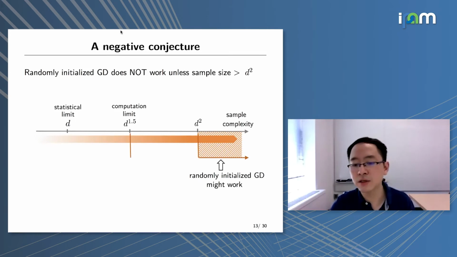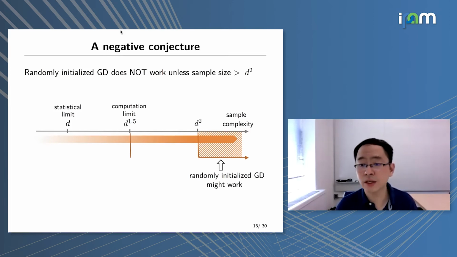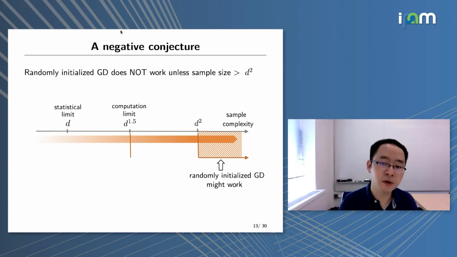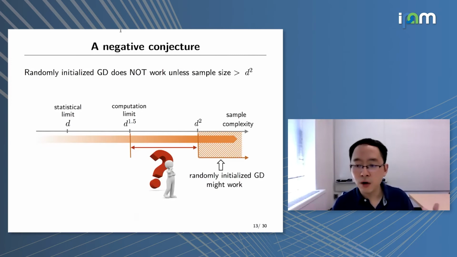The message I'd like to convey here is that randomly initialized gradient descent is only expected to work if the sample size is larger than d squared, which is, as you can see, still much larger than the computational limit here. Now the question is: if our goal is really to approach the computational limit, what should we do?